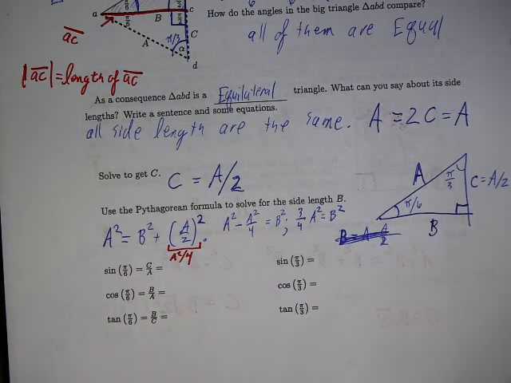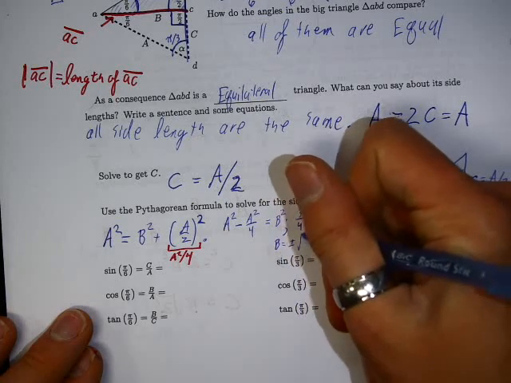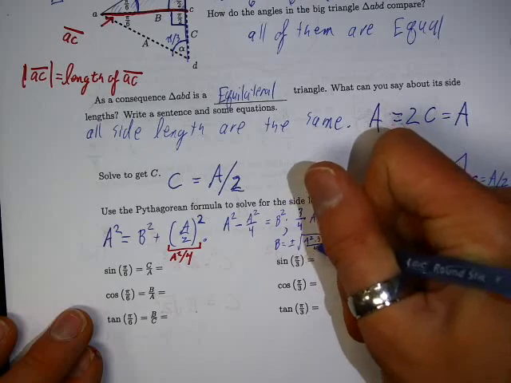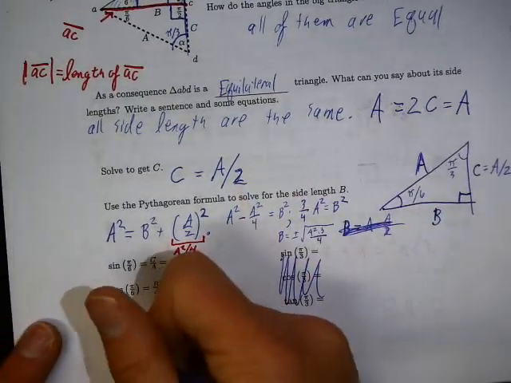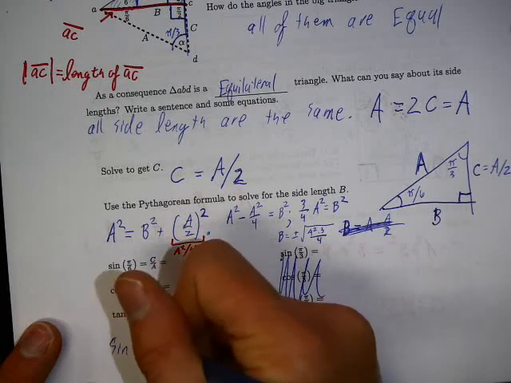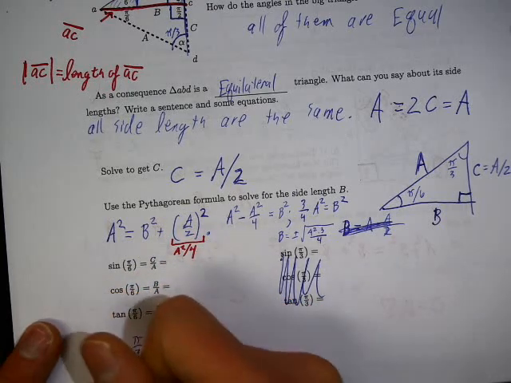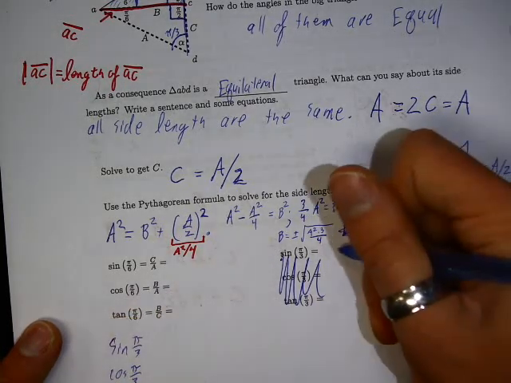So what do you want to do now if you want to solve that for B? Take the square root of both sides. So you get B equals plus or minus the square root of A squared times 3 over 4. Don't worry, I will do this.